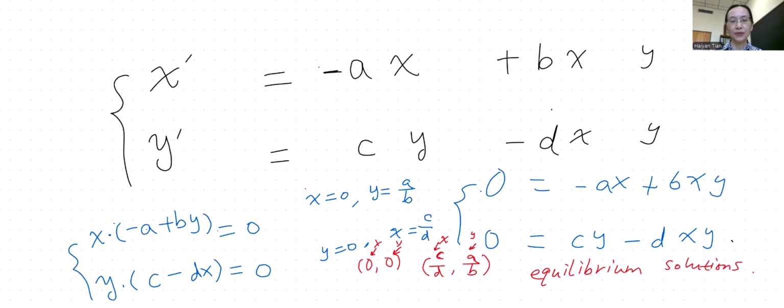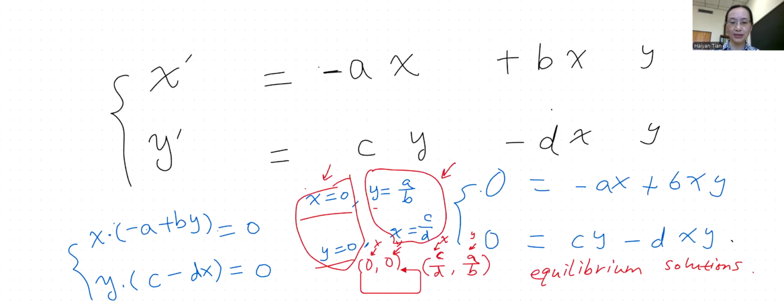So that's one equilibrium solution, and this is the second equilibrium solution. But when we put it in the ordered pair, so the x, y as both constants, then we have a point.